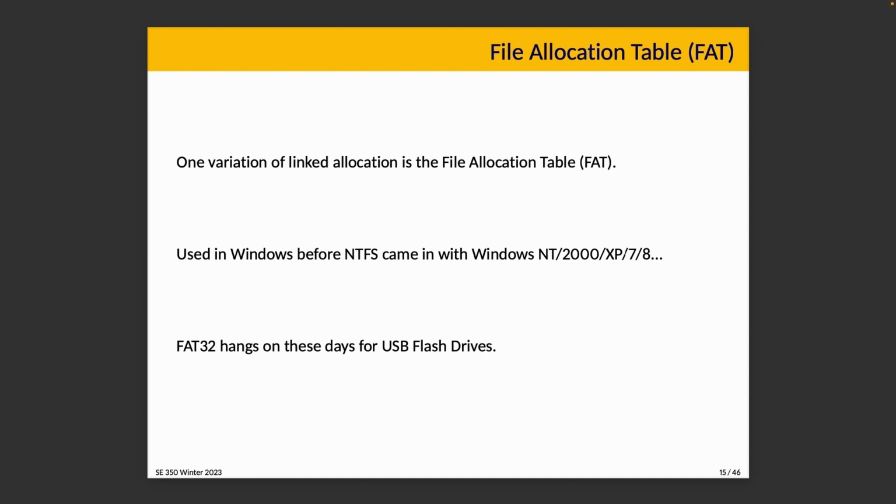Okay, so one implementation or variation on this is the file allocation table, FAT, as in the FAT32 Windows system. Although it's not exactly what you would expect anymore, Windows uses NTFS for its data storage now, but didn't used to. It used FAT32.